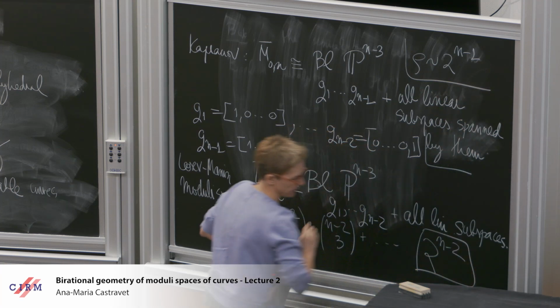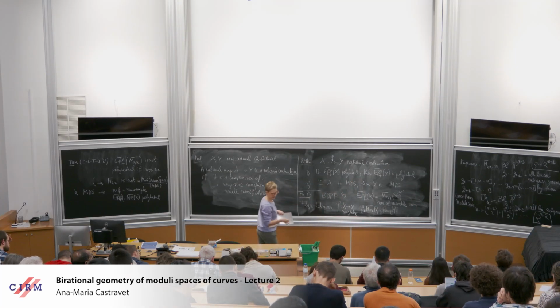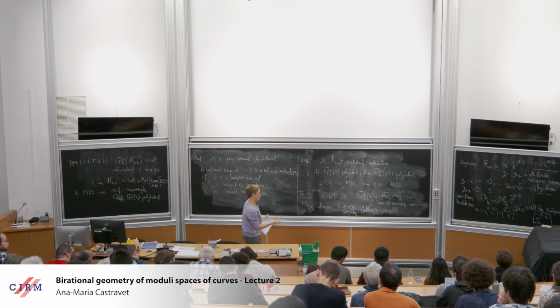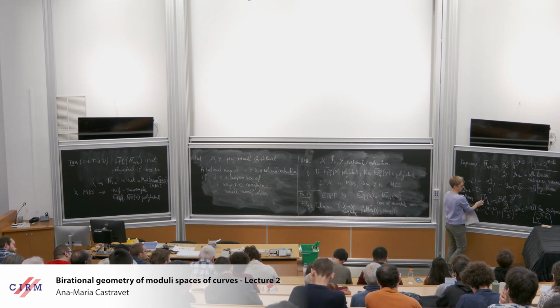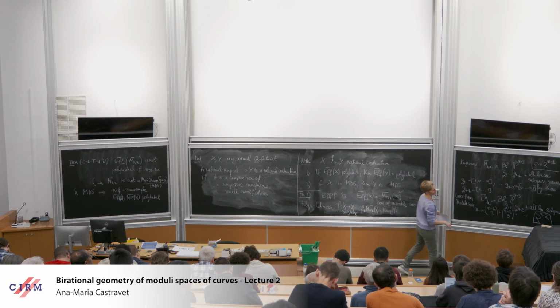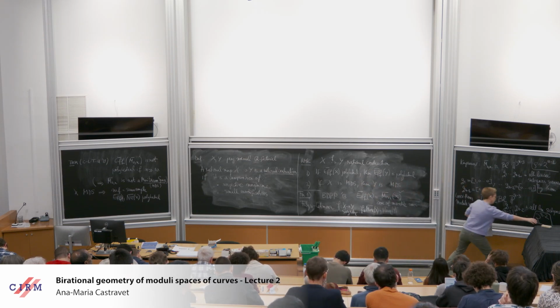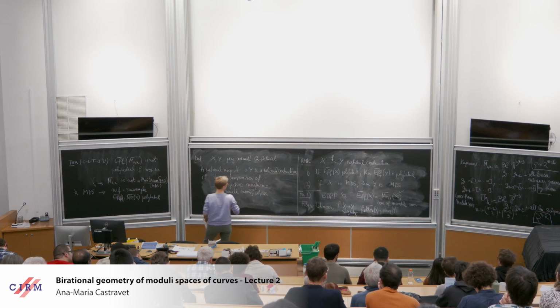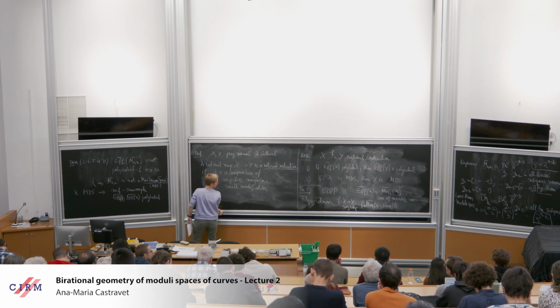And so Gibney, Keel, and Morrison, when they were discussing the F conjecture for M0n bar, said there is evidence for it because it's true on the Losev-Manin space, which has roughly the same complexity. And so again, one more reason to think that there is a toric resemblance.